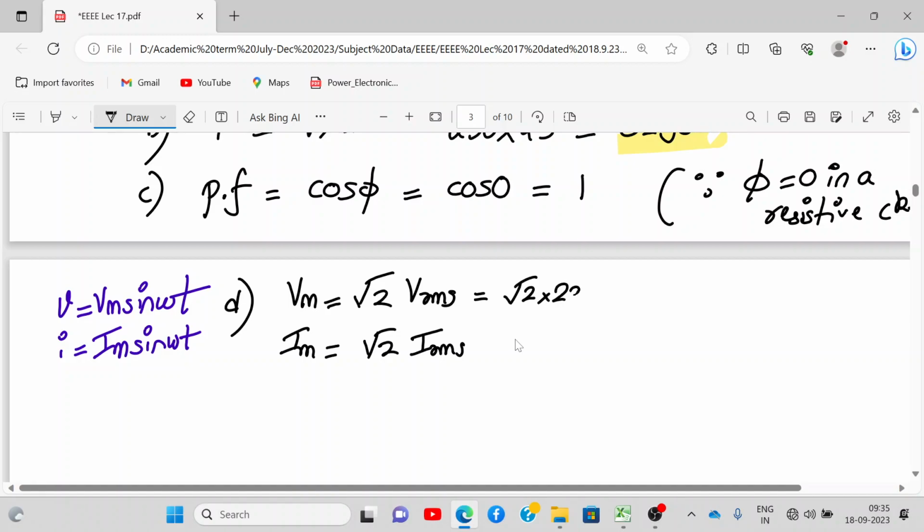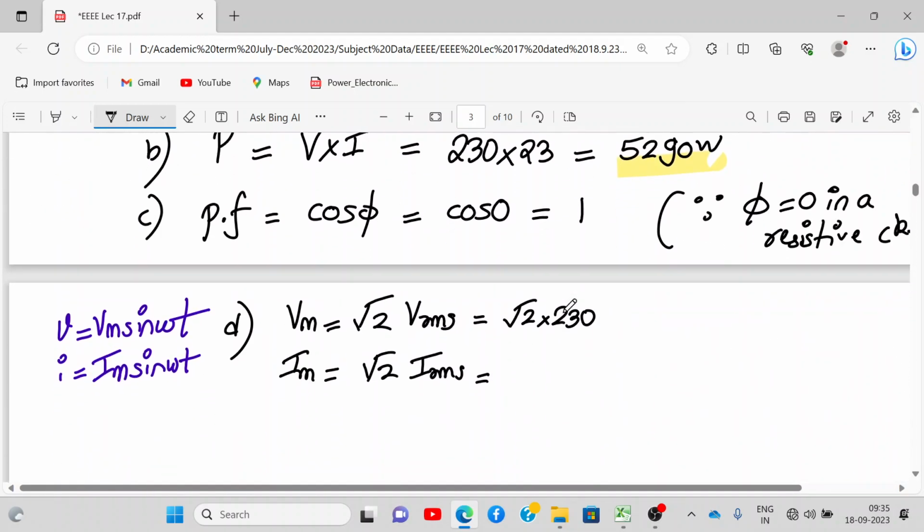Now, Vrms is how much? 230. And how much is IRMS? 23. So calculate this. Vm will be 325.27, right? One of you please check.